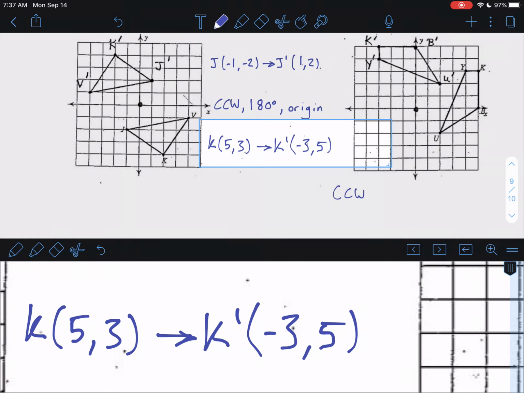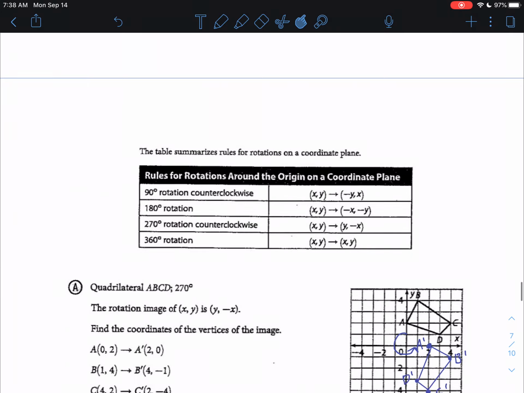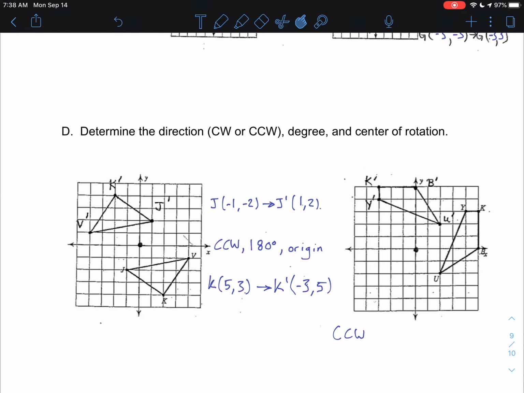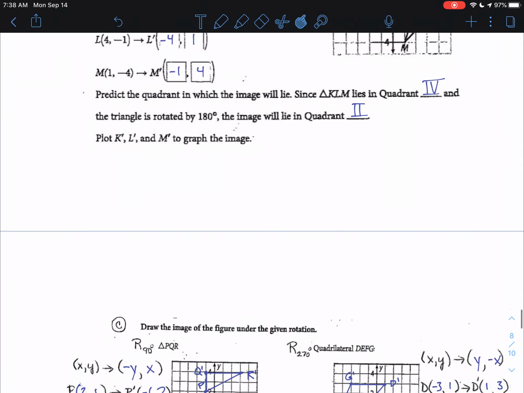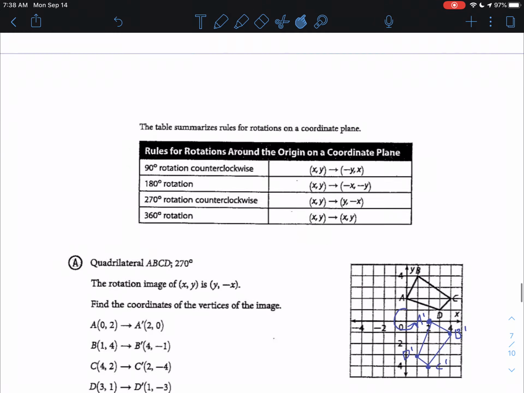So let's figure out which of our transformations this is. And looking up at this thing here, it went from, what was it? It was xy to -yx. So xy to -yx is a 90-degree rotation.